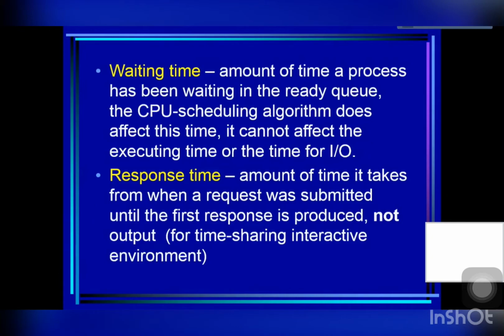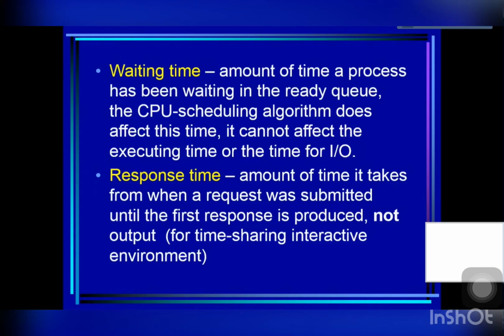Fifth, response time. In an interactive system, turnaround time may not be the best criterion. Often, a process can produce some output fairly early and can continue computing new results while previous results are being output to the user.